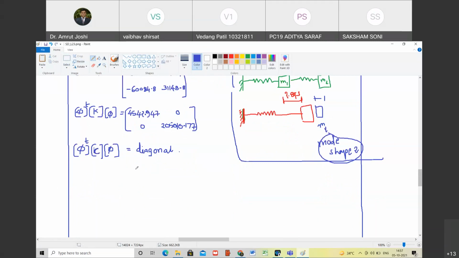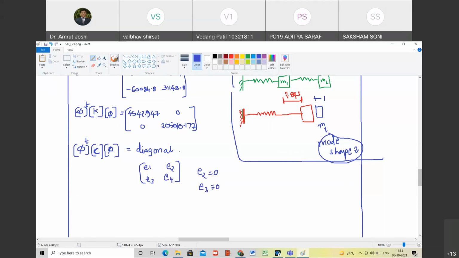If this is a 2 by 2 matrix having the elements E1, E2, E3 and E4, we know that E2 is 0 and E3 is 0.